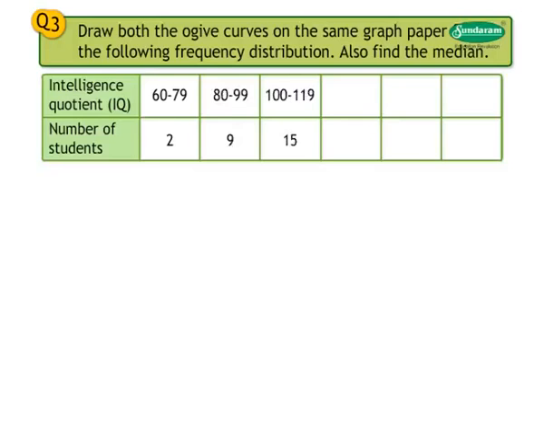IQ of 15 students is between 100 and 119. IQ of 11 students is between 120 and 139. IQ of 3 students is between 140 and 159. Total number of students is 40.